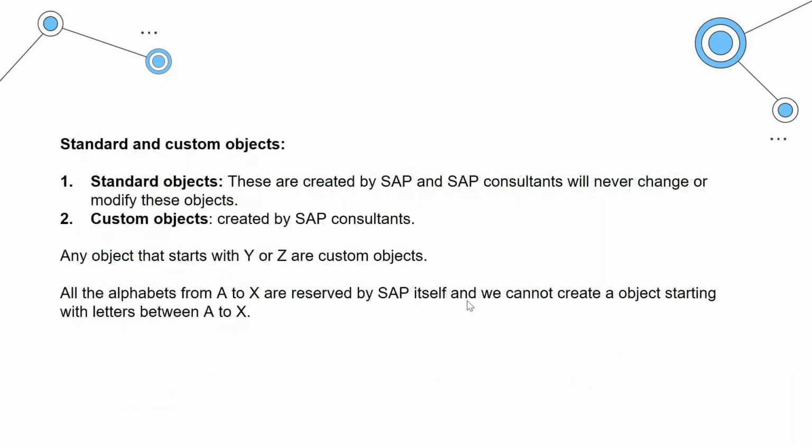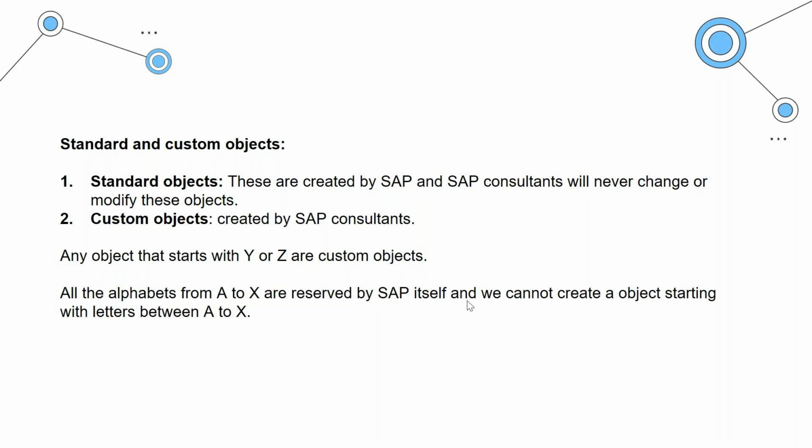SAP has a naming convention wherein any object beginning with any letter between A to X, means A, B, C, D, E up to X, is reserved by SAP. We as ABAP consultants can only use either Y or Z.